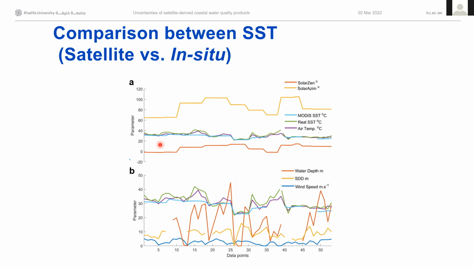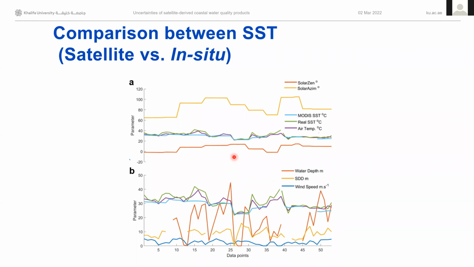For example, at 0.5, we can see there is an instantaneous reduction in SST, which also corresponds to the reduction in the air temperature, for example. However, in some areas where the depth is high, this is the water depth, we can still see there is a decrease in the temperature.